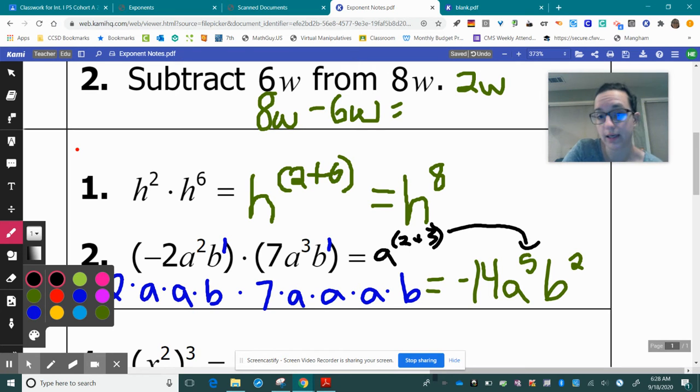You can use it breaking it down. Your choice of method, it's that same idea. Just watch out if you're using that rule, that's not b to the 0 power. It's b to the first power because we have one b sitting right there. So we have b to the first and b to the first, which would be b to the 1 plus 1. Look at that simple math.